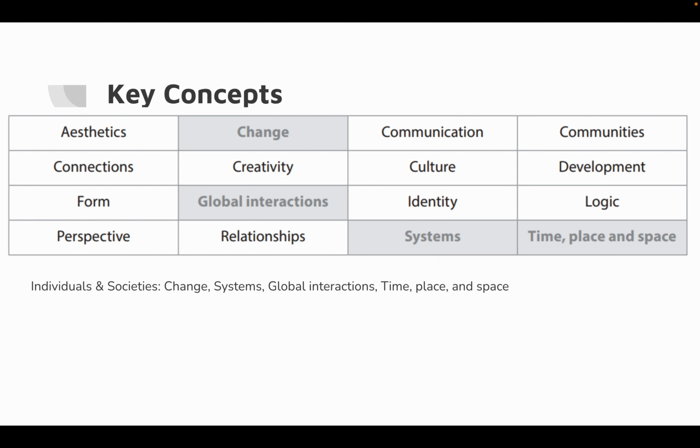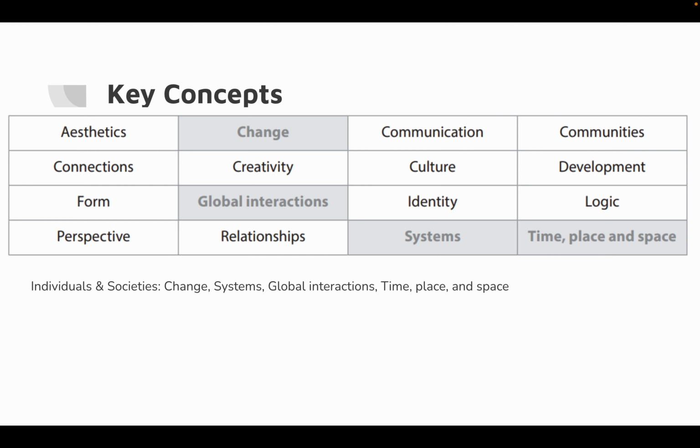Change is looking at how a process has developed over time. That could be an example. Global interactions, of course, is how nations and other actors interact with one another, including through the process of globalization. Systems, different ways that maybe organizations are formed or how resources are extracted.